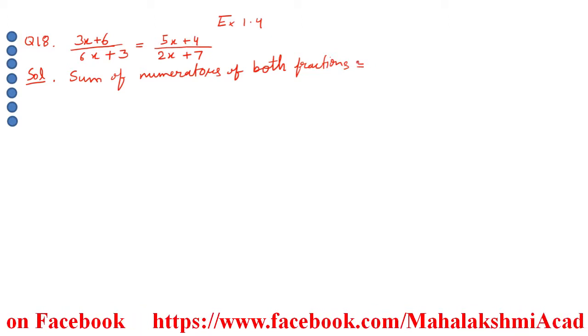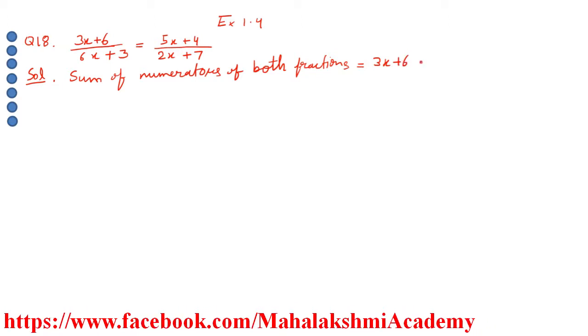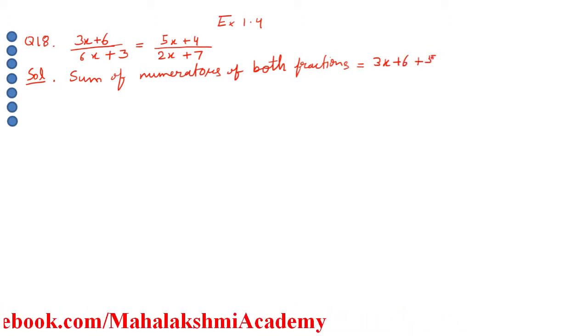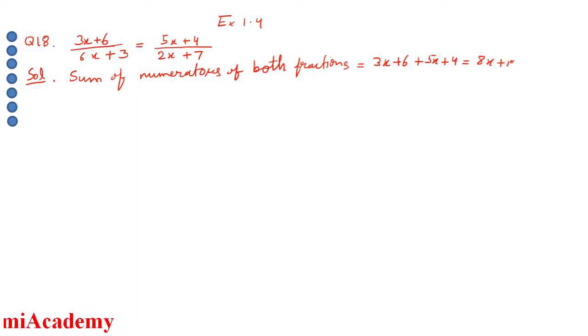We'll add the numerators. What are the numerators here? 3x plus 6, the left hand side numerator, and the right hand side numerator is 5x plus 4. That will give us 8x plus 10.